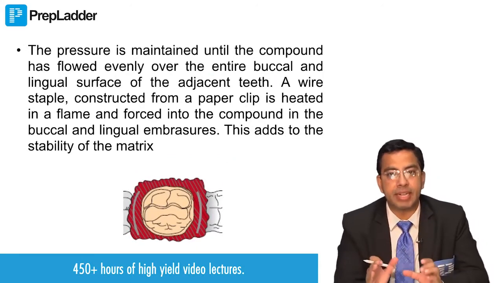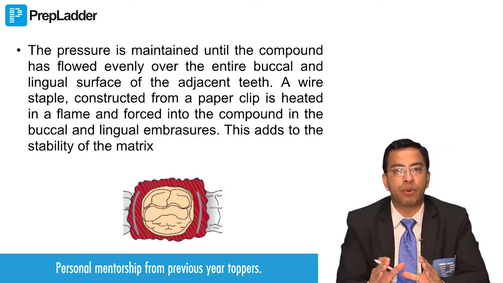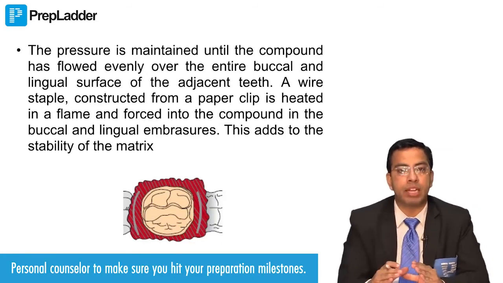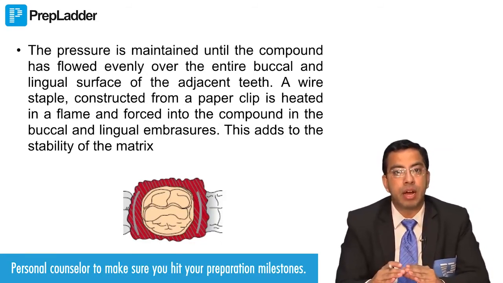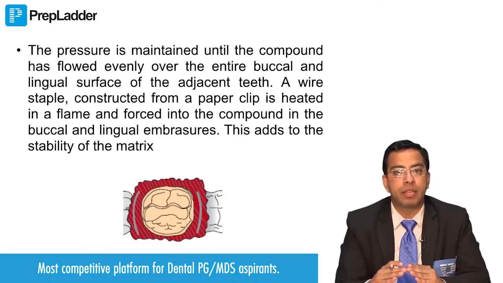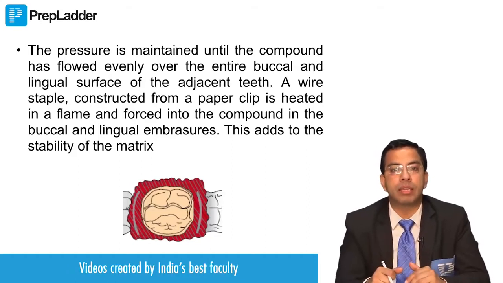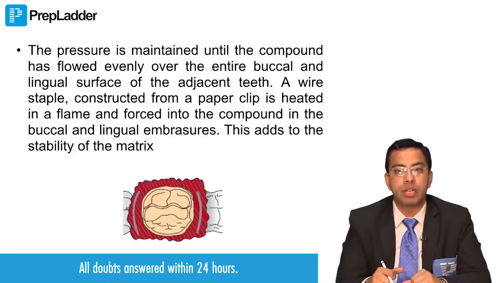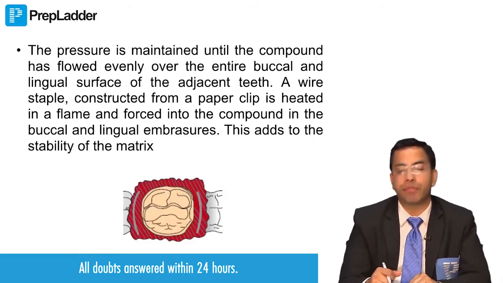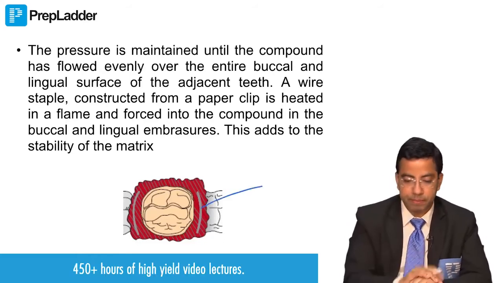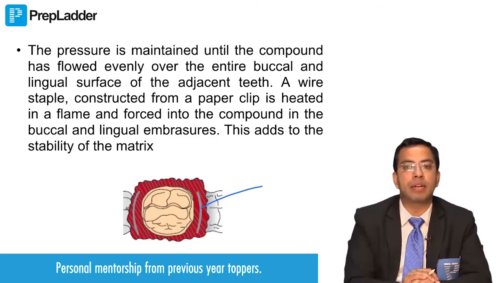The pressure is maintained until the compound has flowed evenly over the entire buccal and lingual surface of the adjacent teeth. A wire staple constructed from a paper clip is heated in a flame and forced into the compound in the buccal and the lingual embrasures. This adds to the stability of the matrix. So these staple pins are attached.